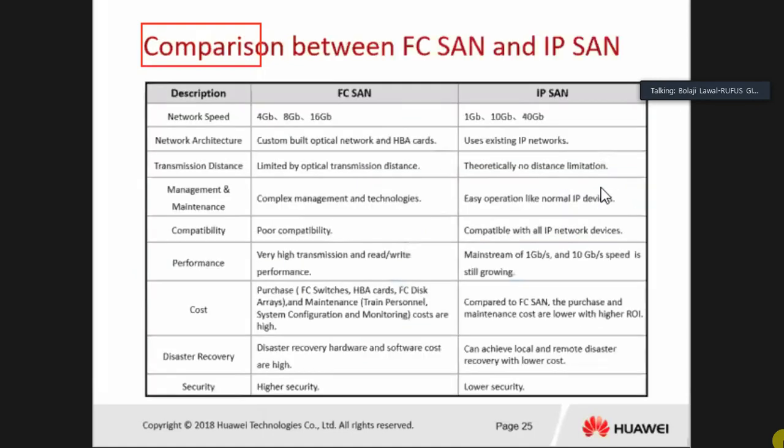So, comparison between FC SAN and IP SAN. Don't forget, Fibre Channel SAN and IP SAN. IP SAN only requires very little hardware configuration, and these hardware components are widely used. This makes the cost of implementing IP SAN much lower than FC SAN. FC SAN is very expensive. IP SAN is not expensive. We have switches everywhere.